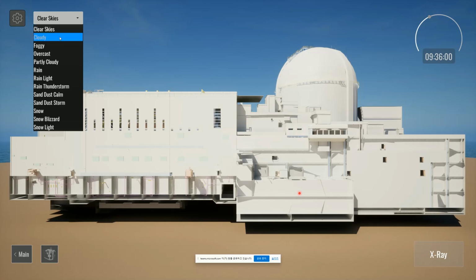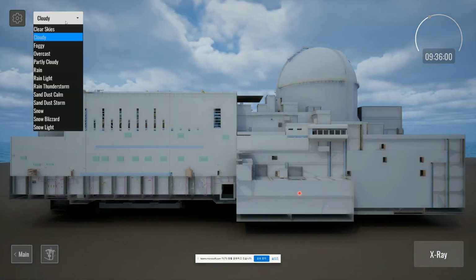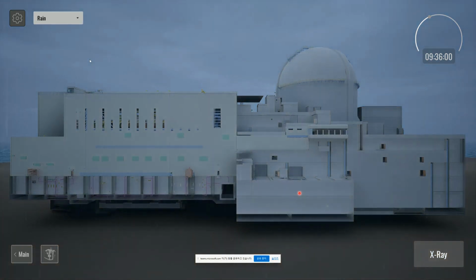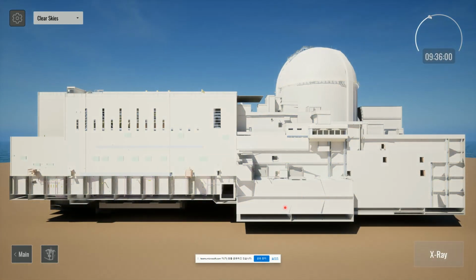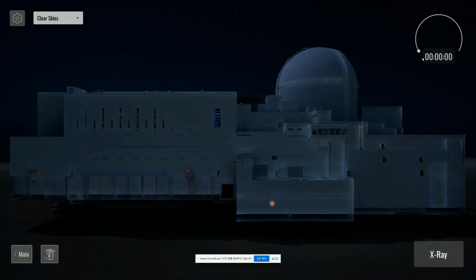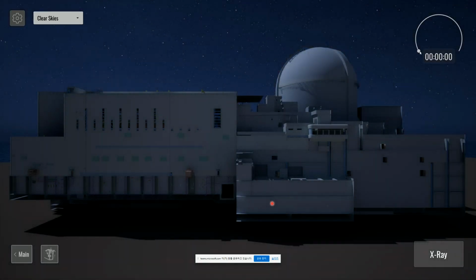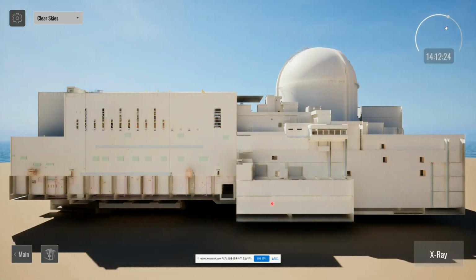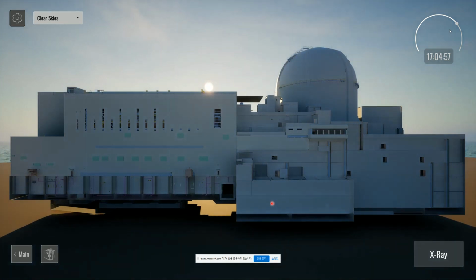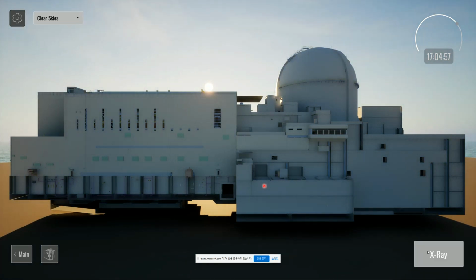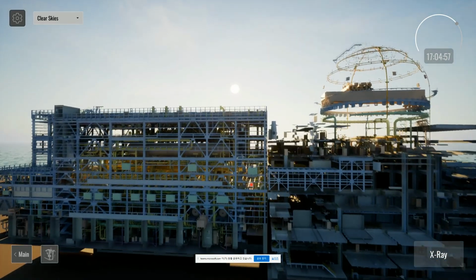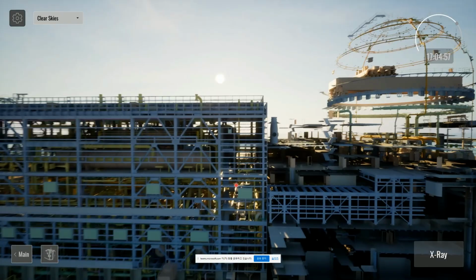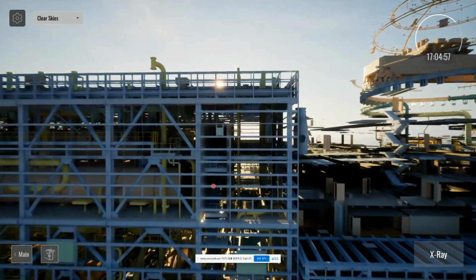Finally, let me show you a digital twin of the Korean APR 1400 power plant. It is a replica of a real plant and was generated from the CAD drawings. By integrating monitoring data and simulation engines, the local state of the plant can be realistically followed. We are now going into the turbine building.